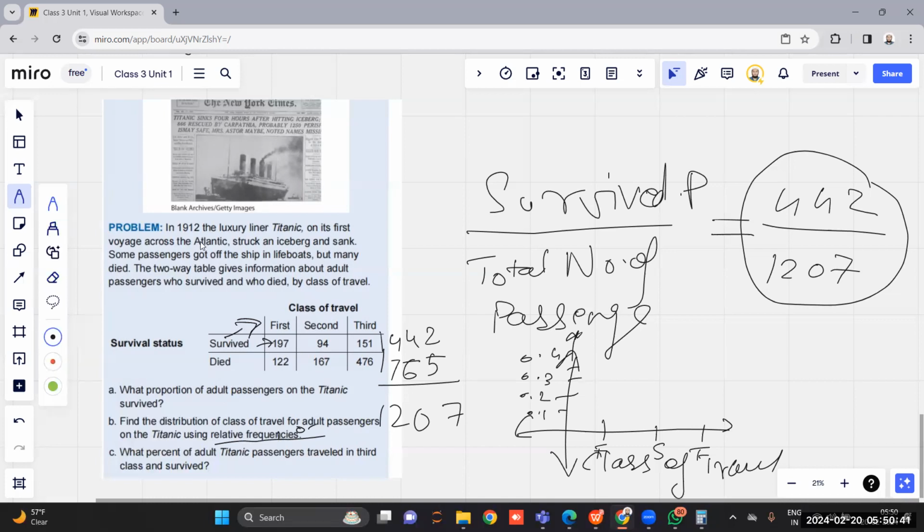What percentage of adult Titanic passengers traveled in the third class and survived? So there are two attributes here: the adults that traveled in the third class, then survived. So it is 151. How will we calculate the percentage? 151 divided by the total 1207.